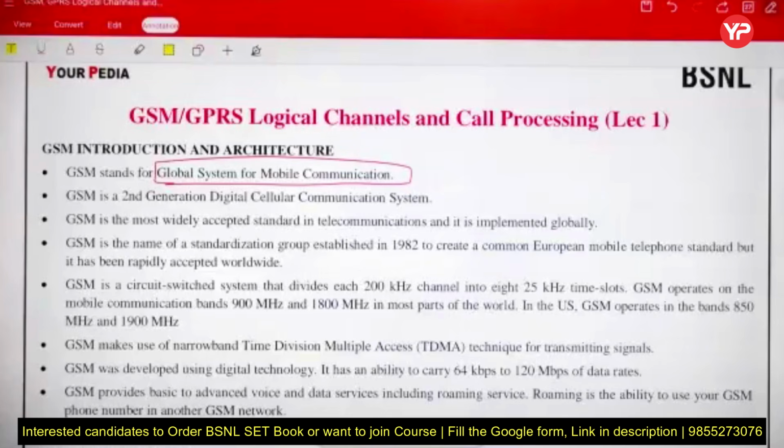Different companies and different countries used different standards. This is the first time all countries globally accepted one system, that is named GSM. GSM is the most widely accepted standard in telecommunication systems, and almost all countries accept it.